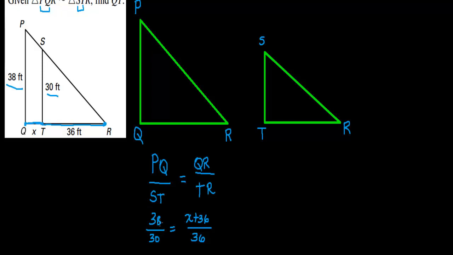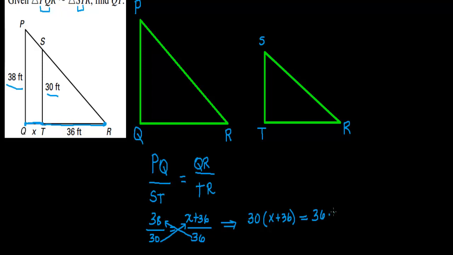Okay, so this is what I'm going to do. 36 times 38 and 30 times this whole thing. So 30 times that whole thing, this is what you'll get. 30 times x plus 36 is equal to 36 times 38.